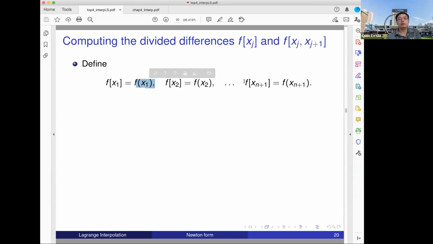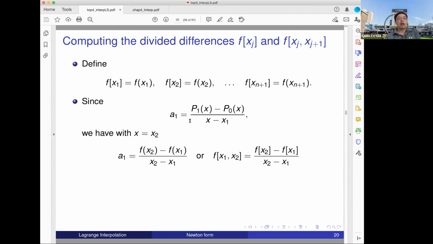And you remember that if you have 2 points, then a1, the coefficient of x for p1, is just the slope of the line that goes through x1 and x2, which is (f(x2) minus f(x1)) over (x2 minus x1).